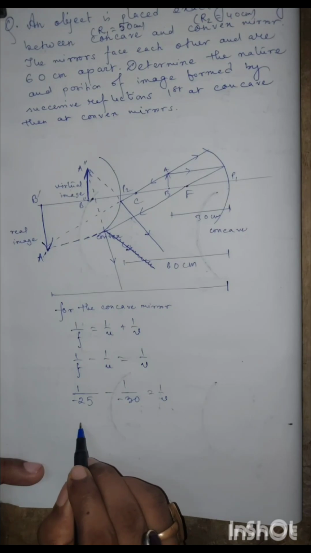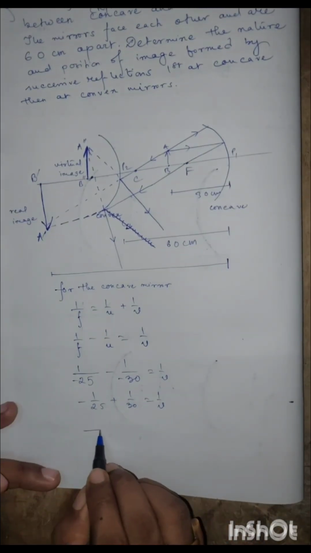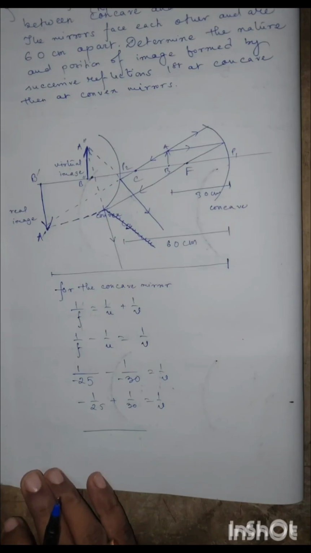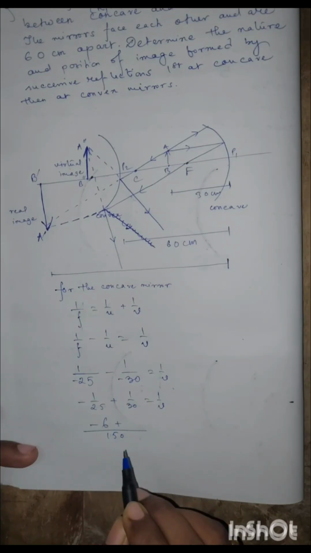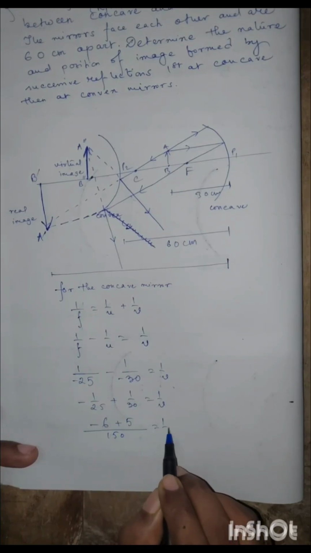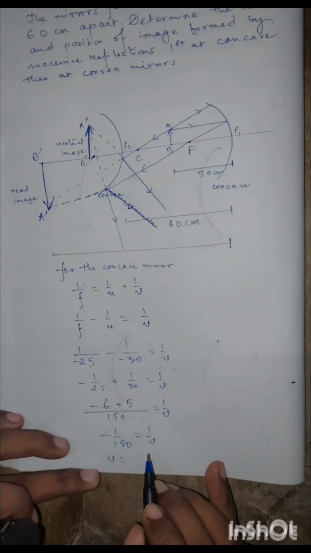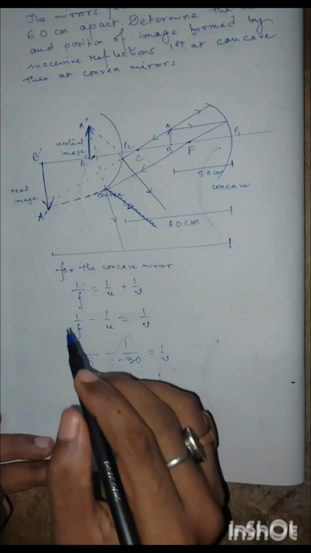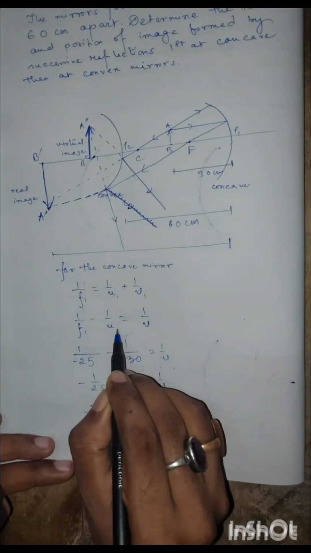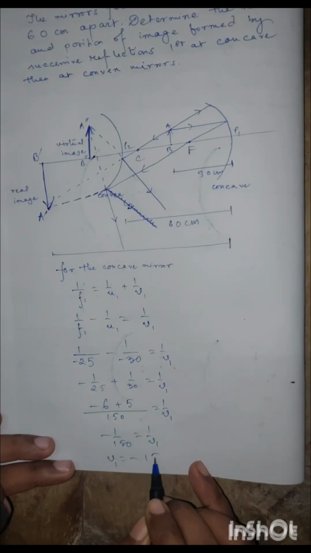So it gives us 150, the LCM. Because it is the first mirror, we can name it f1, u1, v1. So v1 is minus 150 centimeter.